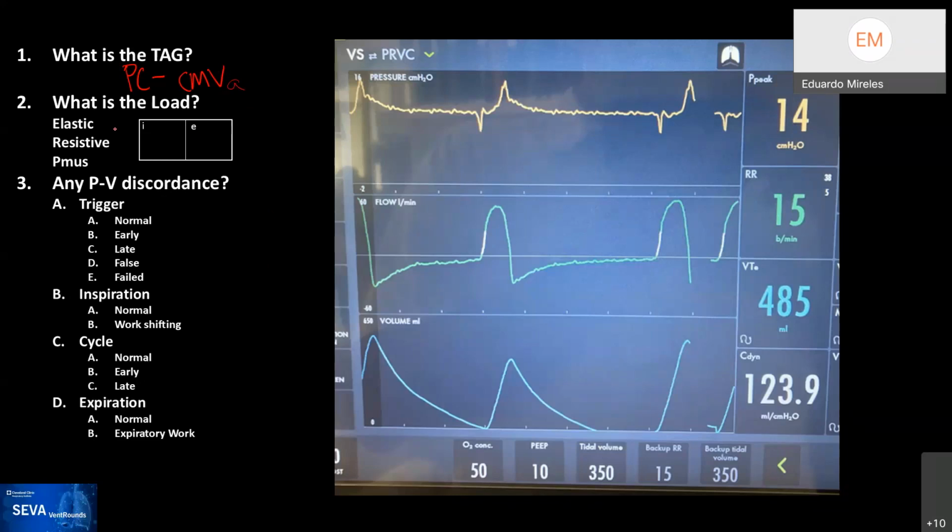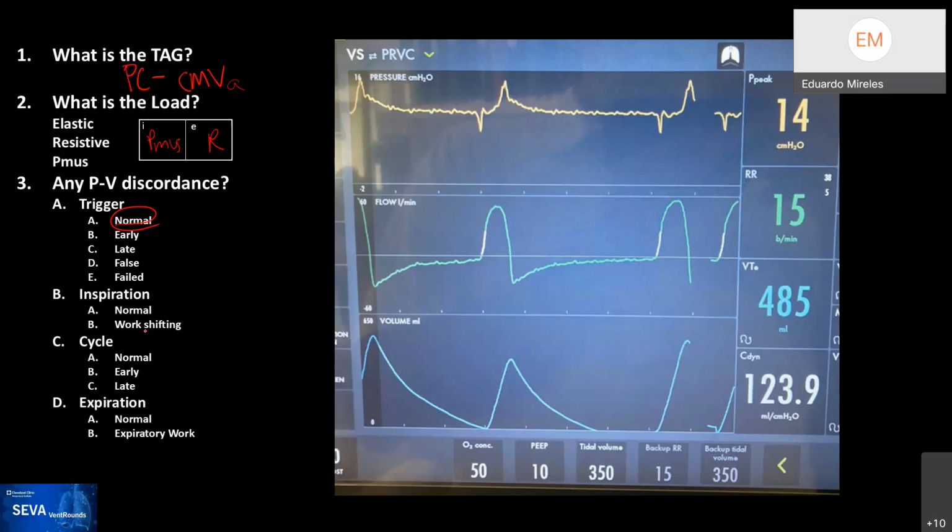The load is inspiratory. And expiratory, it looks like it's reduced. The trigger looks like there's a lot of work.